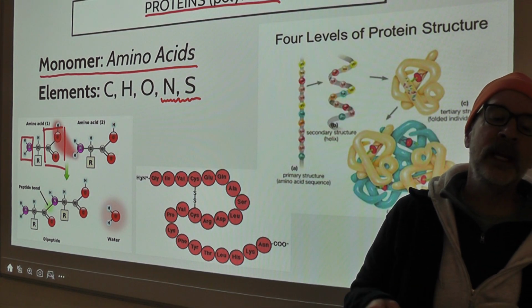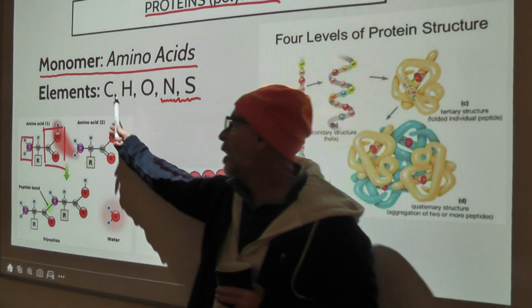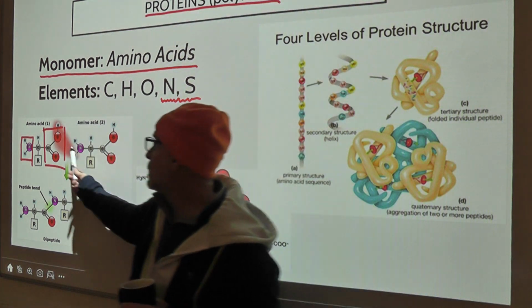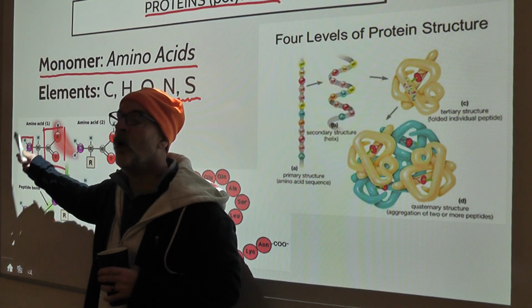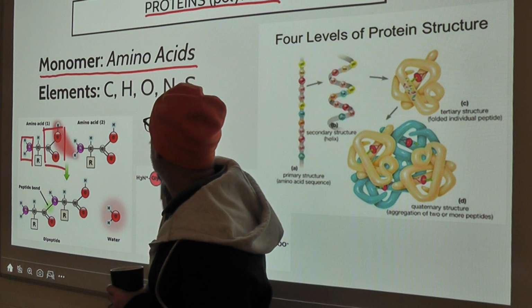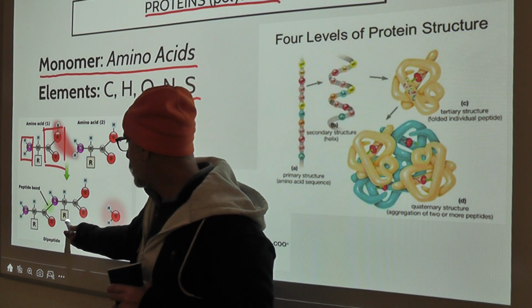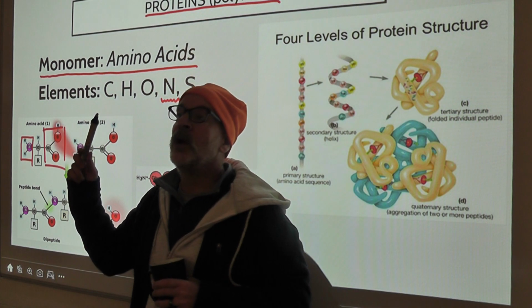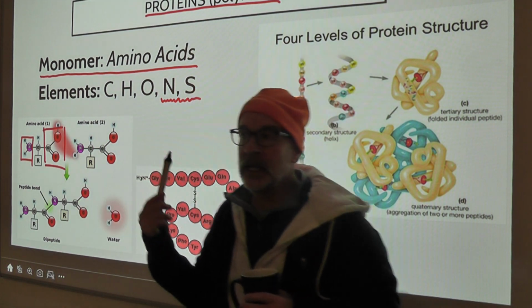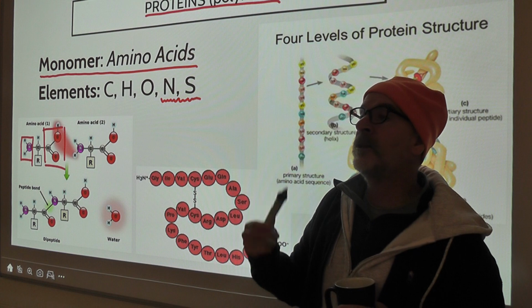So the ingredients for proteins are carbon, hydrogen, and oxygen, which we can see is present in all amino acids, and then nitrogen and sulfur. Nitrogen and sulfur show up in these R groups. And I mentioned that the ingredients of things affect their function.